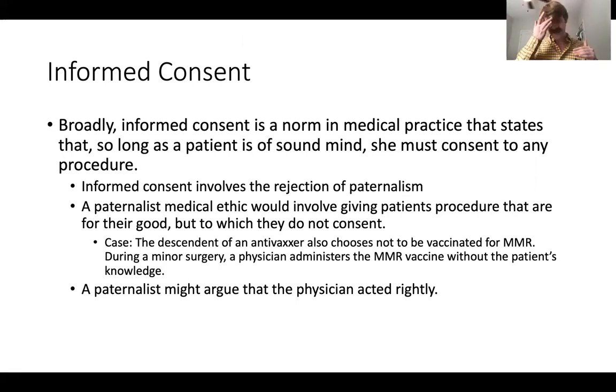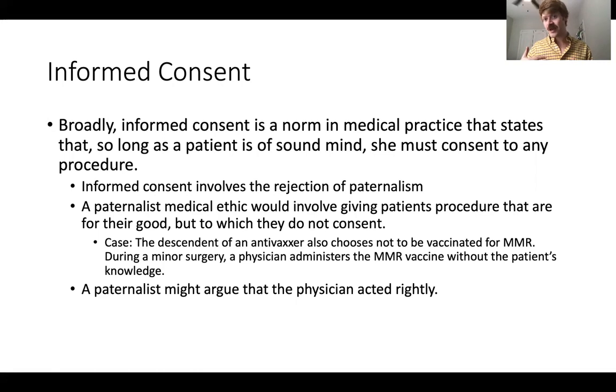So consider the following case. The descendant of an anti-vaxxer chooses not to be vaccinated for MMR. During a very minor surgery, a physician administers the MMR vaccine without the patient's knowing. This is kind of a tricky case. Potentially after the operation, the patient would never know that they've been vaccinated for MMR.